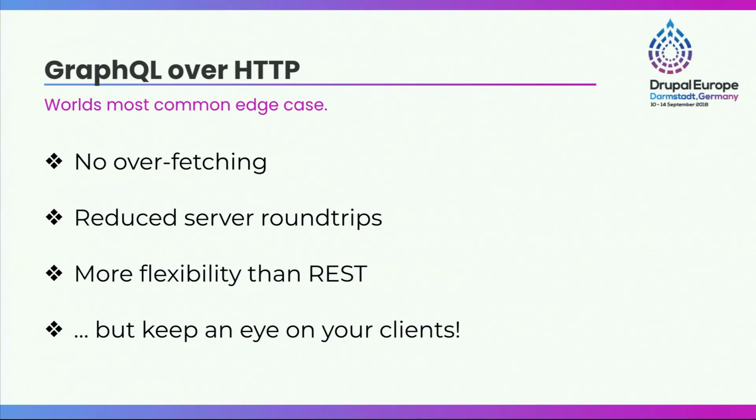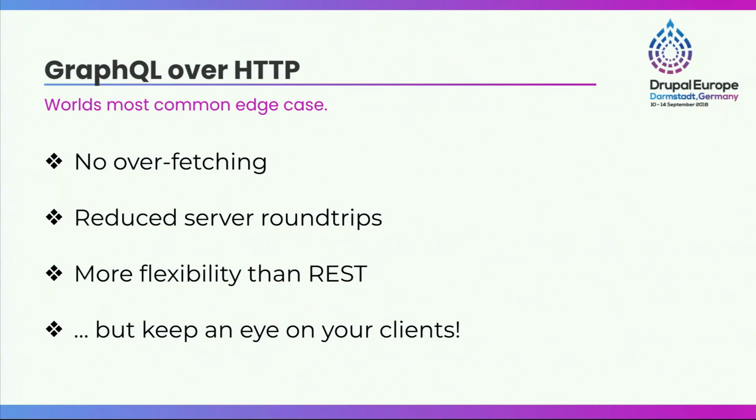But as soon as you know the client, may this be because you developed the client application yourself, which is the case for basically every decoupled Drupal project, or your API is gated by a login, like the public GraphQL API that GitHub published is only accessible with an authorization token, so they know who is doing funky stuff.